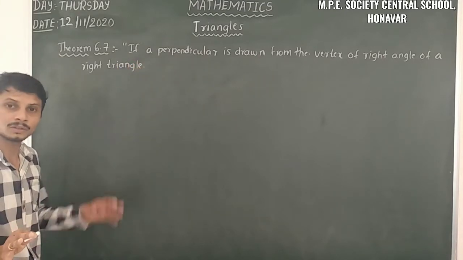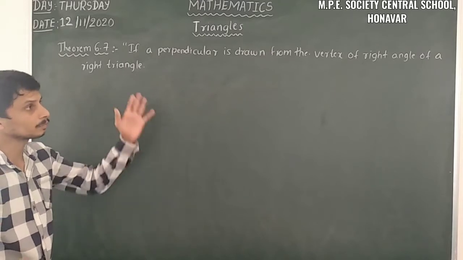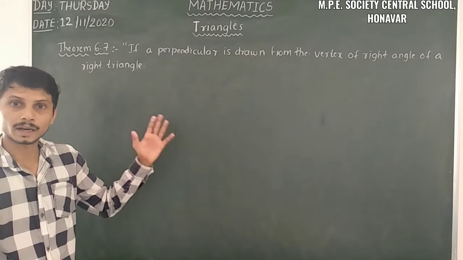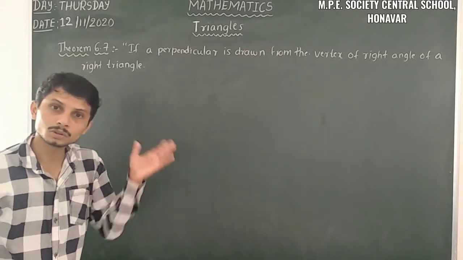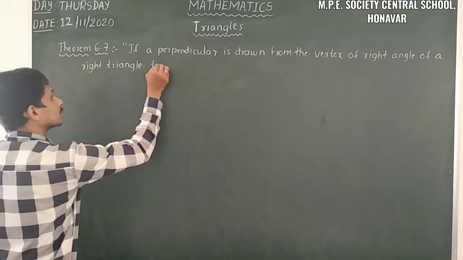That means when you draw a perpendicular, any line from the vertex of the right angle, it goes up to the hypotenuse only. That is, to the hypotenuse.